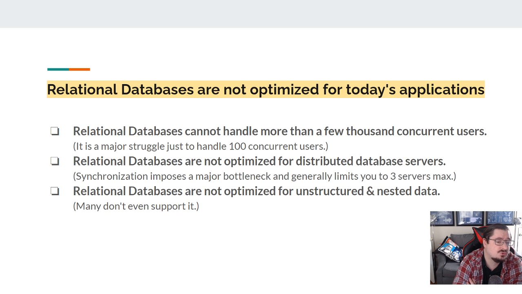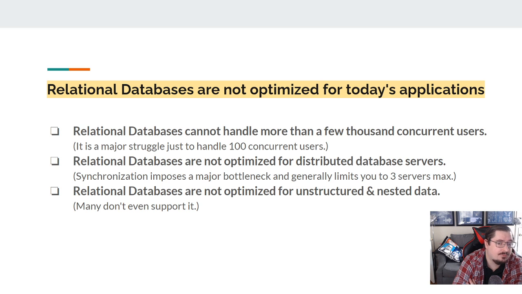It's really a struggle with a relational database to handle more than 100 users on your website at the same time. And I'm not kidding. It is really hard to make that work because you have to know about all these different bottlenecks and deal with them.